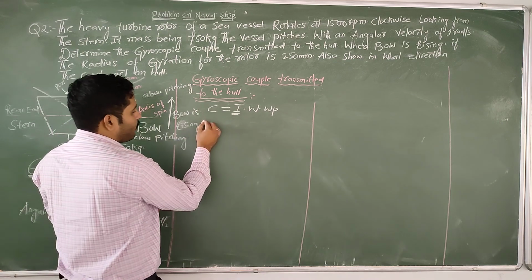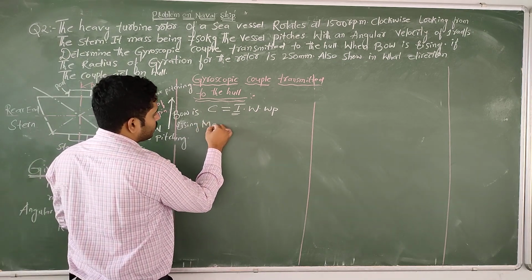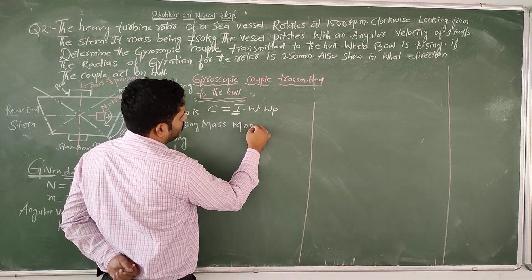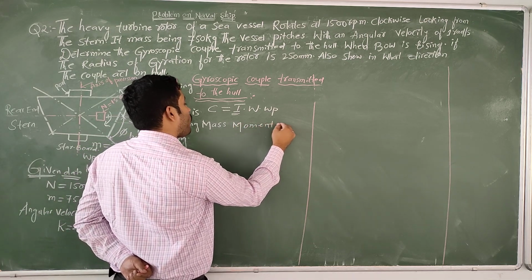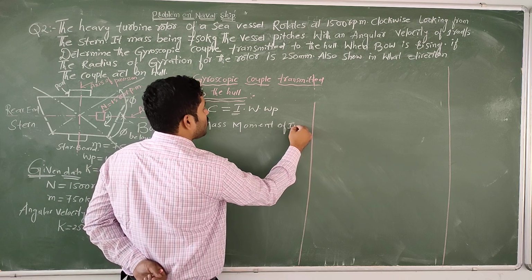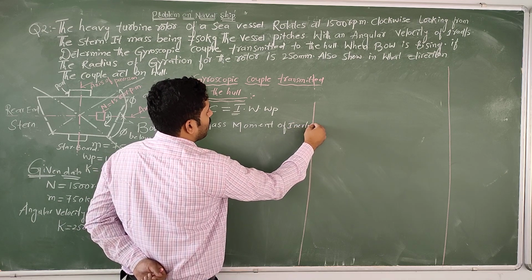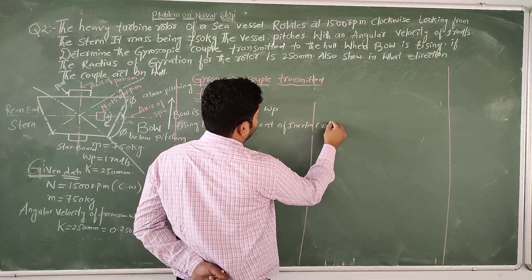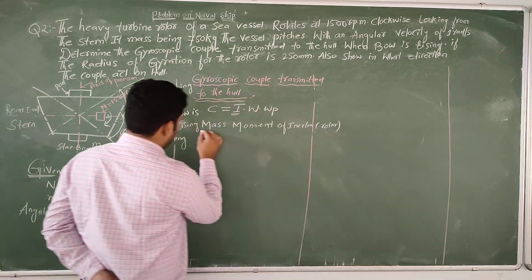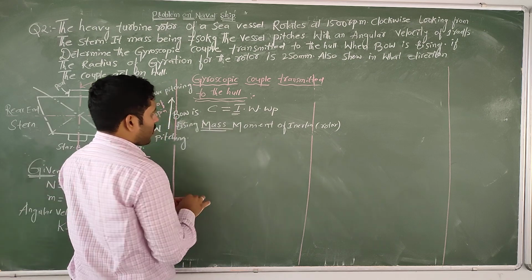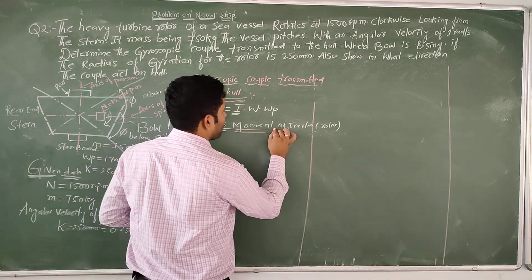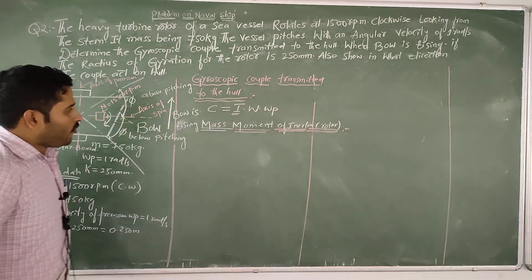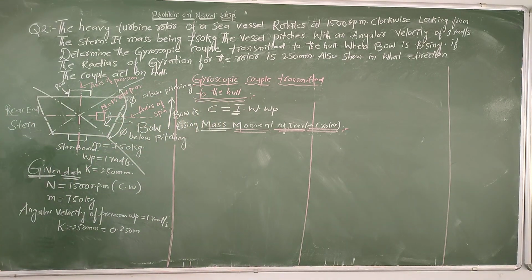Okay, here I will represent the mass moment of inertia of a rotor. Which formula do we have to use over here?